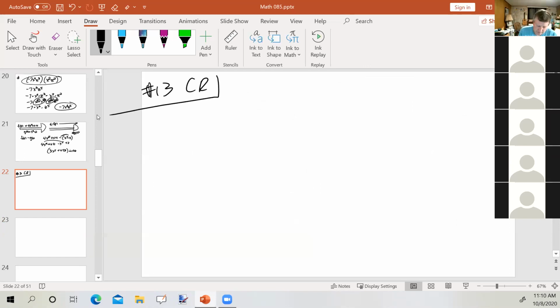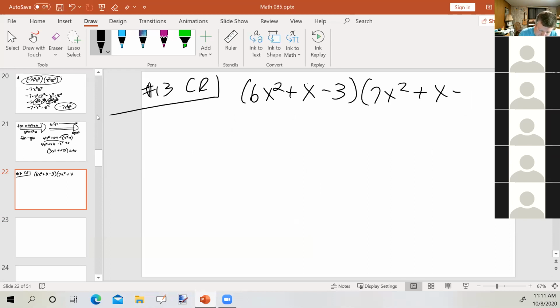It is in parentheses 6x squared plus x minus 3, and then in another parentheses 7x squared plus x plus x minus 1. Minus 1? Yeah. Like that? Yes. And then we're supposed to multiply them together? Yep. All right, here we go.